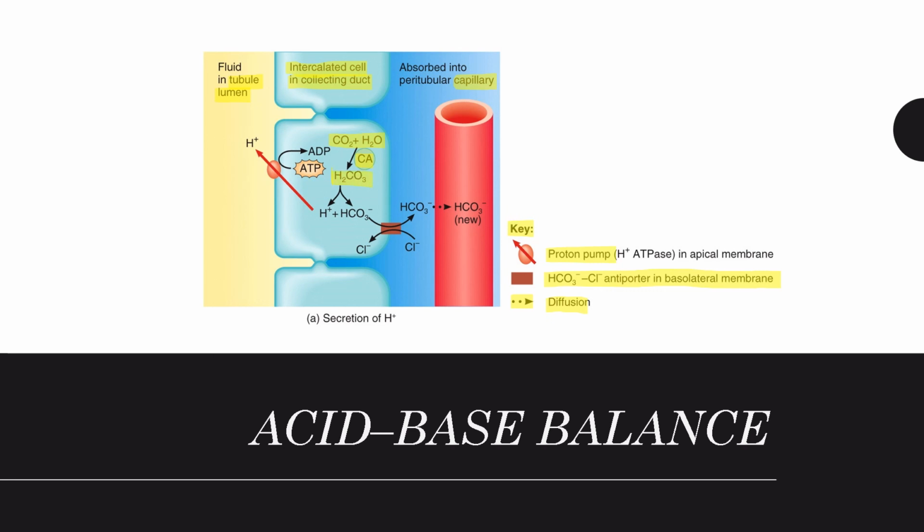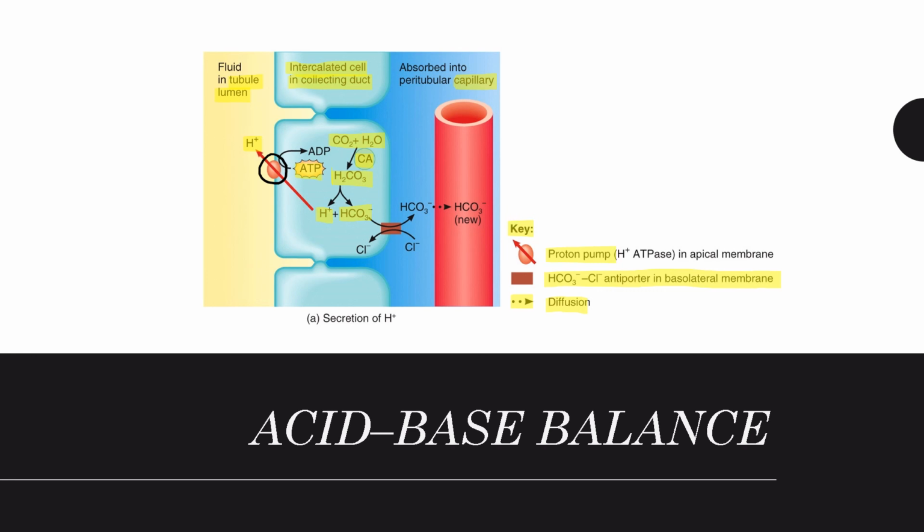And that carbonic acid is going to dissociate into hydrogen ions and bicarbonate ions. Now with ATP, these proton pumps here in the apical membrane of the intercalated cells are going to pump those hydrogen ions out into the tubule lumen to be excreted in the urine.